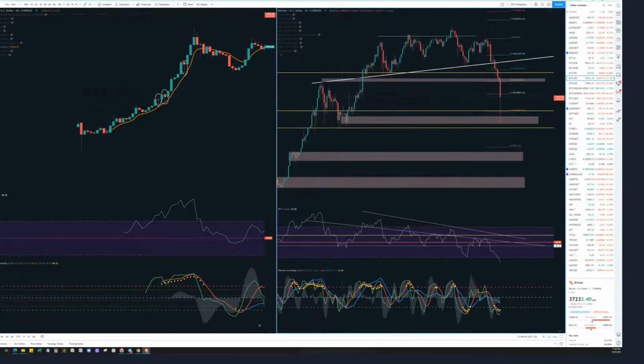This is nasty, but this is an area of significance: the neckline of this structure, which was an inverse head and shoulders. This was the neckline, and price has just come back to that level, which is probably also that fib level. Who was to think that wick would be that big?